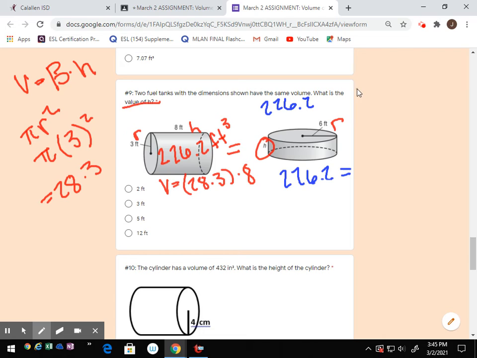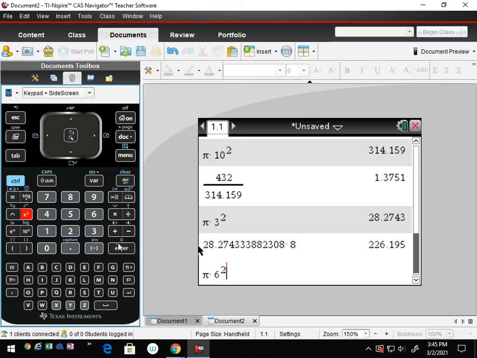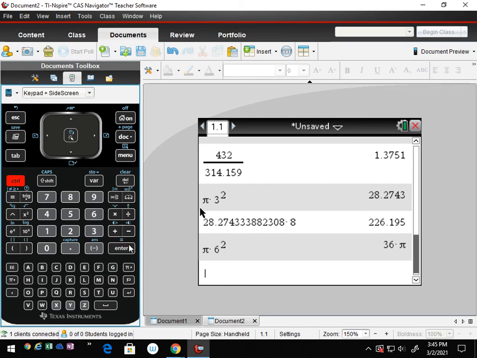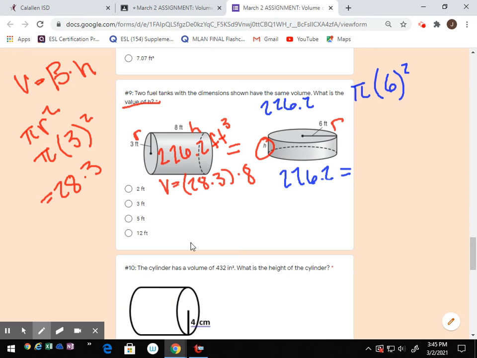Big B is the area of a circle for a cylinder, so pi times 6 squared is 113.1. We put that down here, 113.1 times h. We don't know h yet, so we just write h.